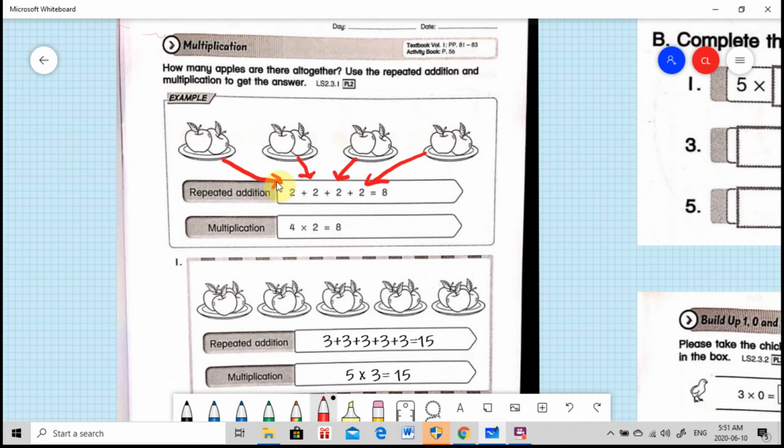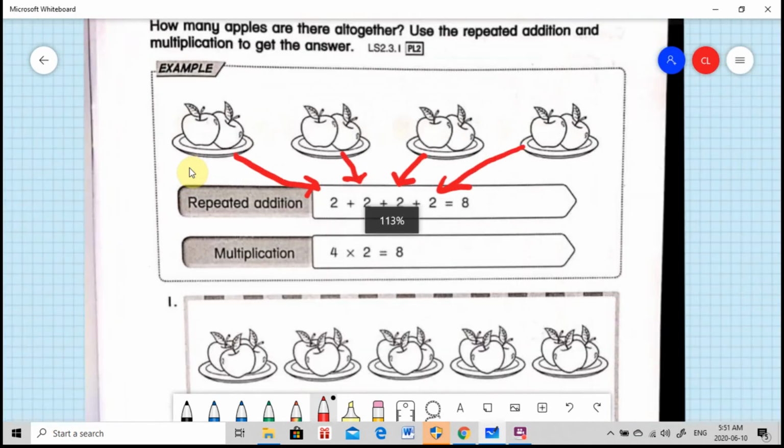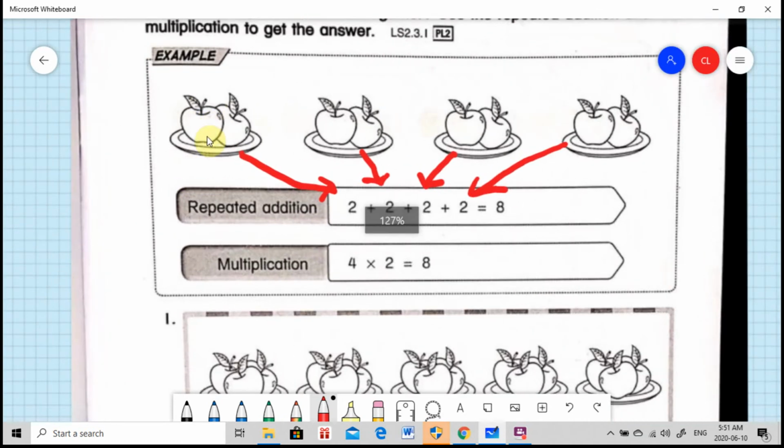So in total, how many do we have? If you want to find out how many apples there are altogether, we can just add them. 2 plus 2 is 4. 4 plus 2 is 6. 6 plus 2 is 8. We can just add up everything and we can get 8.